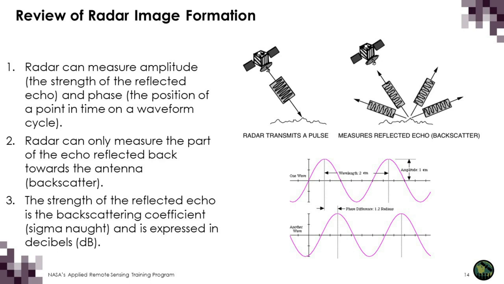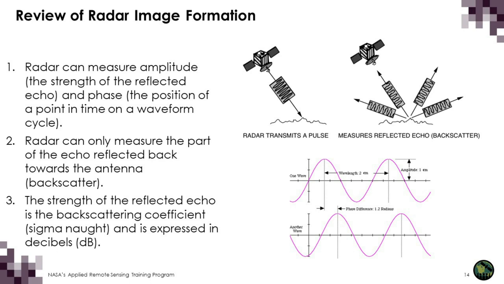That value usually varies between minus 30 dB, so that's low backscatter, or little energy reflected back to the radar, to around 0 or 1 dB, which are high backscatter or bright tones on the image. So that's a large amount of energy reflected back to the radar.